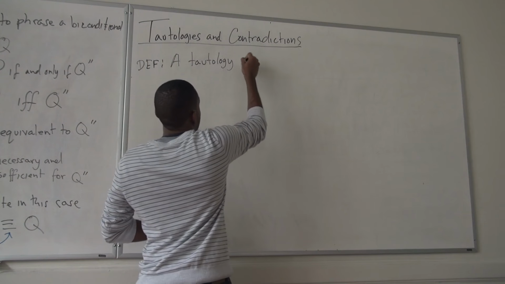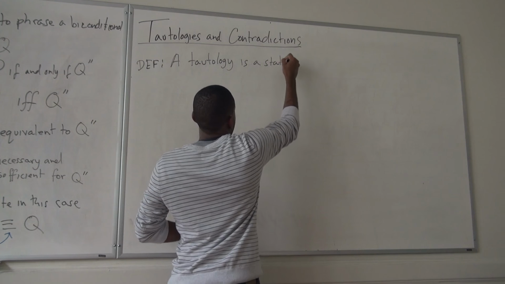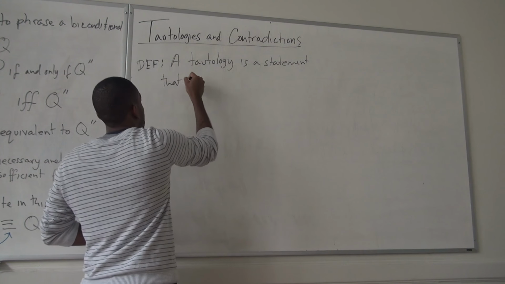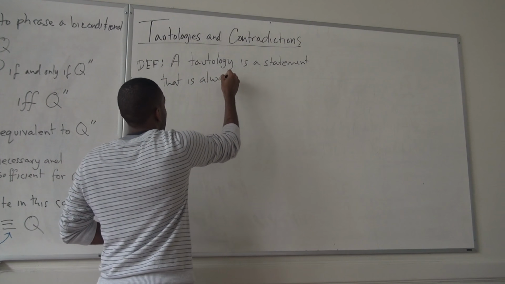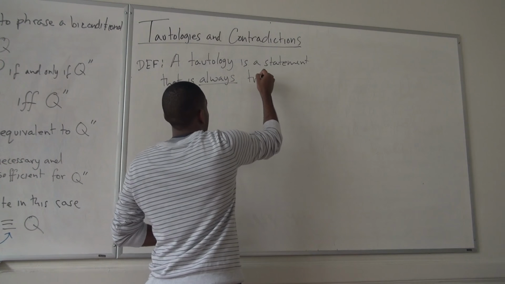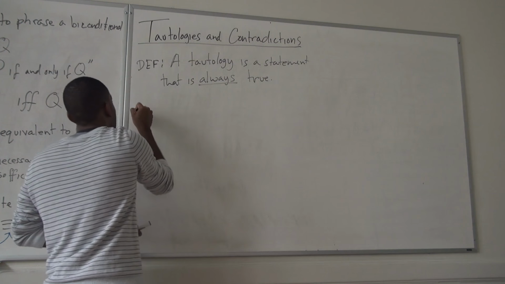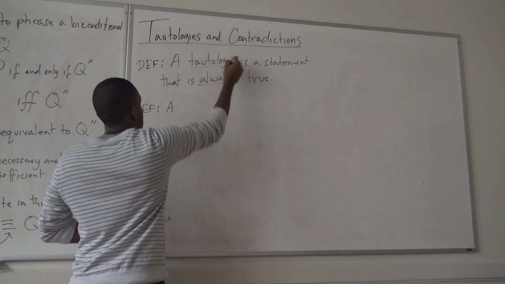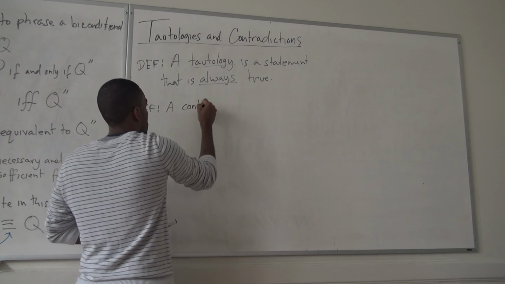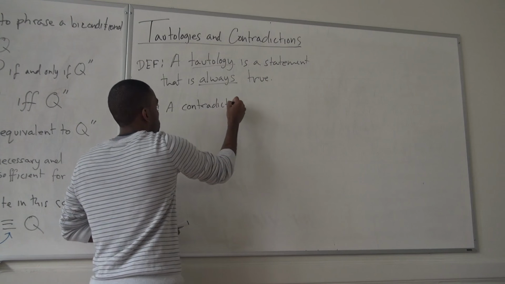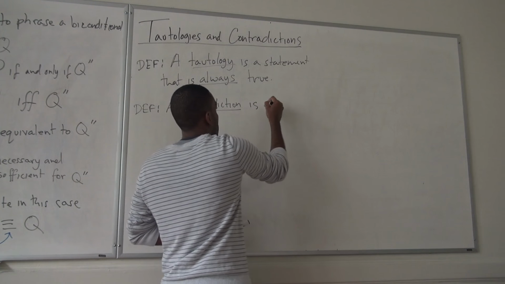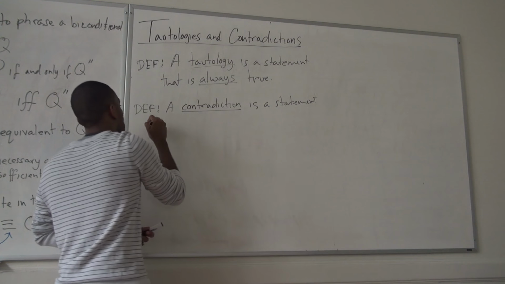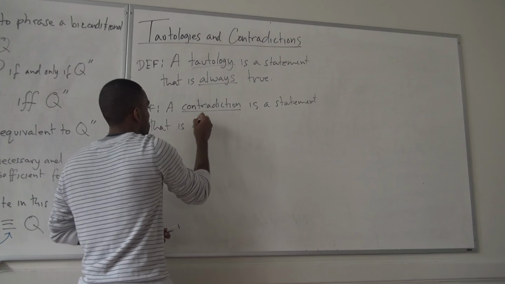A tautology is a statement that is always true, no matter what. A contradiction is a statement that is always false.